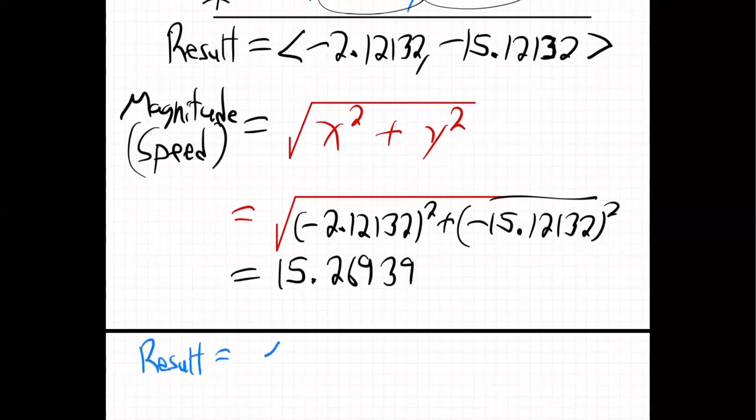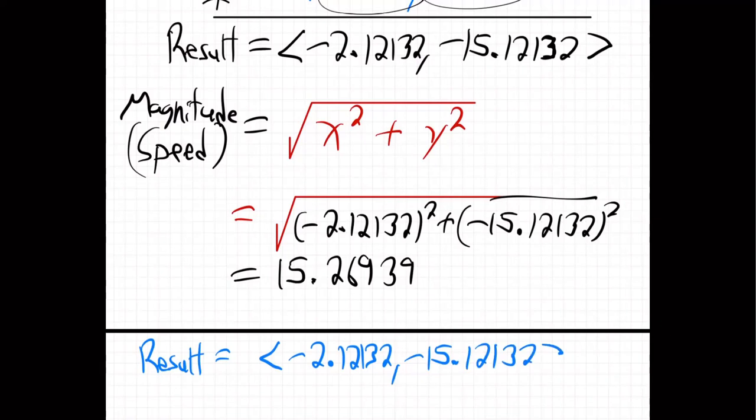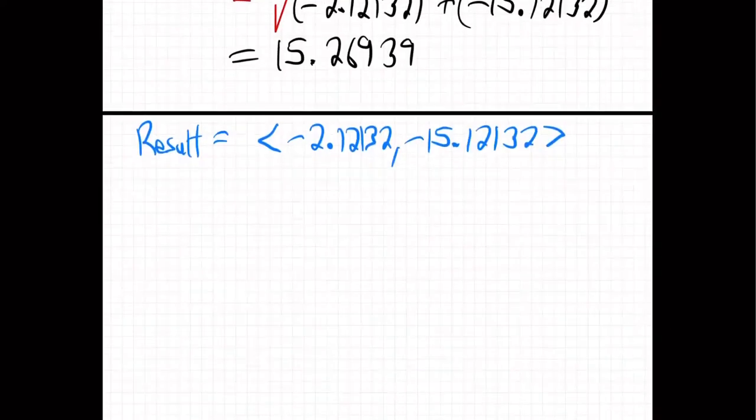Result vector. This is the result of the bird trying to fly and the wind blowing him. Okay, so let's think about what that is. Look at that vector for a minute. It's going left and down, isn't it? Negative, negative.